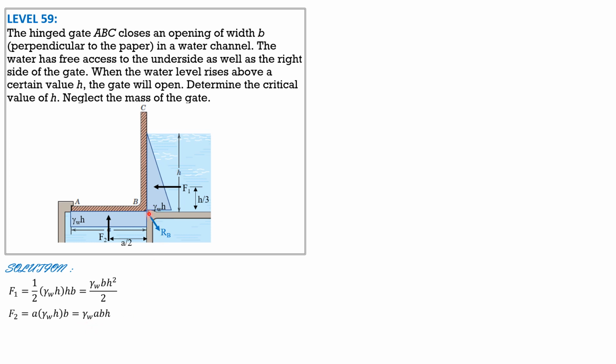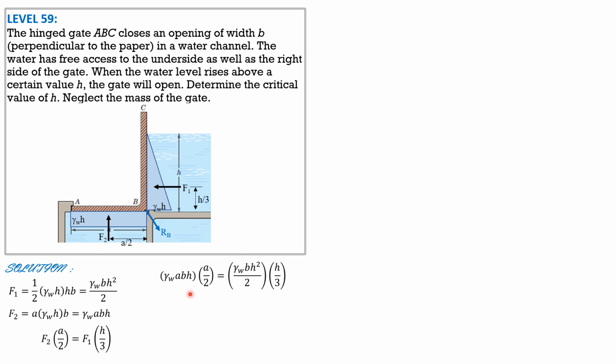Then lastly, summation of moment about B equals 0, so F2 times A over 2 equals F1 times H over 3. Substituting, gamma water ABH times A over 2 equals gamma water BH square over 2 times quantity H over 3.